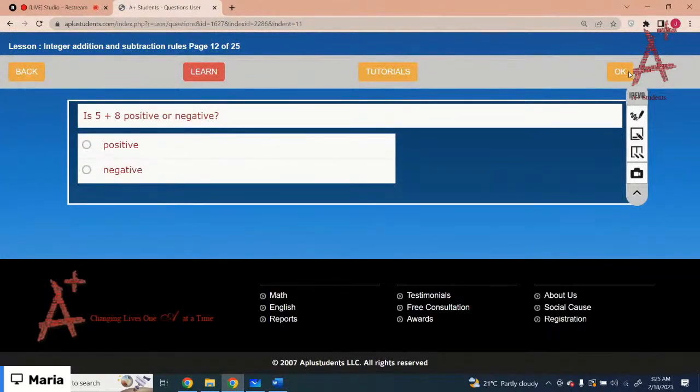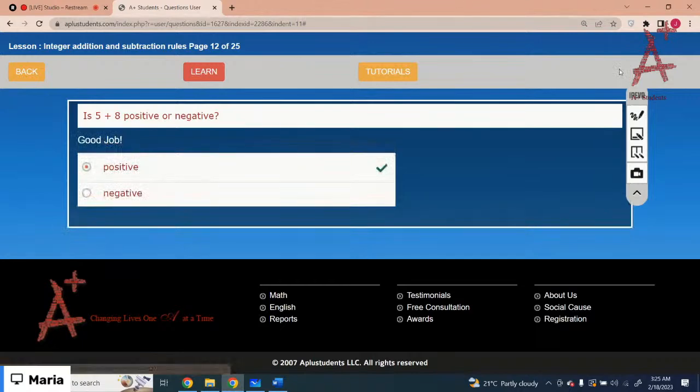Okay, the next one is 5 plus 8, positive or negative? So which is the correct option? Both the numbers are positive, so the answer must be positive. Got it?